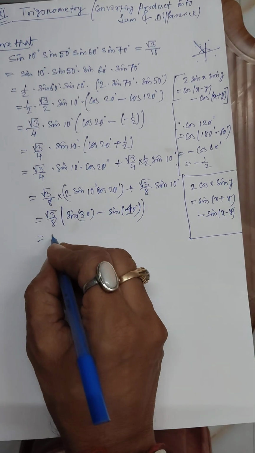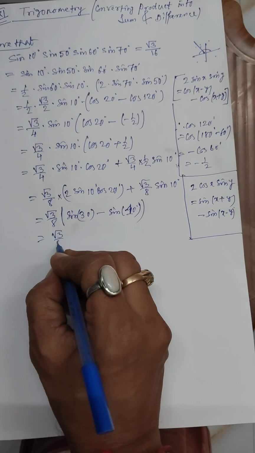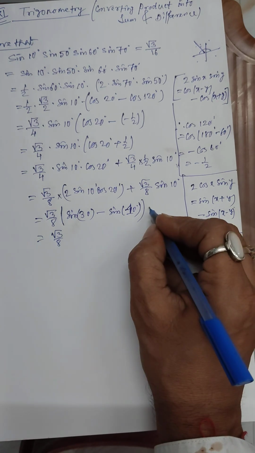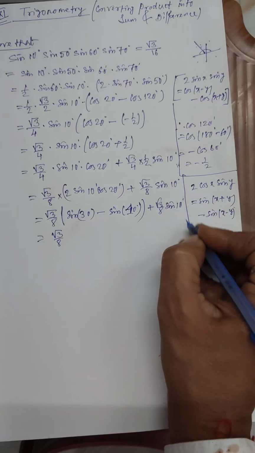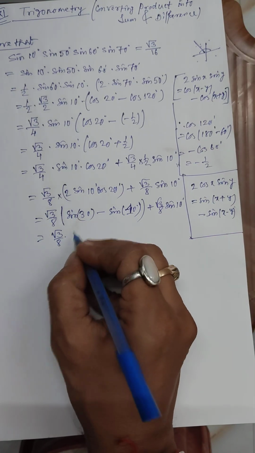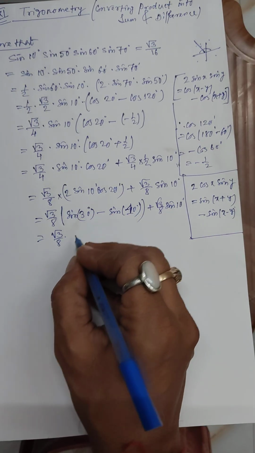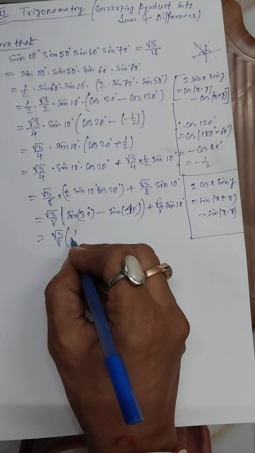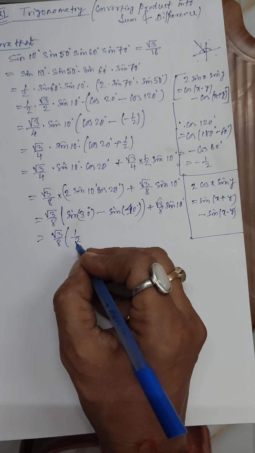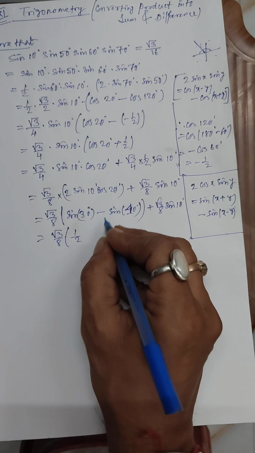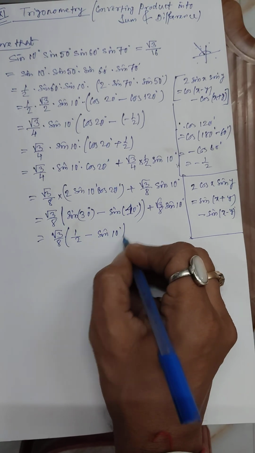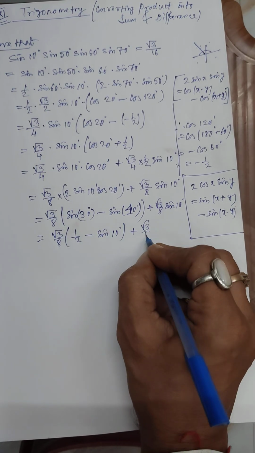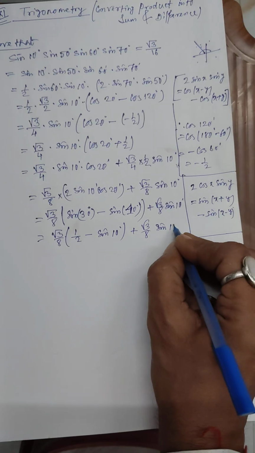So this is equal to root 3 by 8 sine 30 degree, plus root 3 by 8 sine 10 degree. What is the value of sine 30? That is equal to half. And minus sine 10 degree plus root 3 by 8 sine 10 degree.